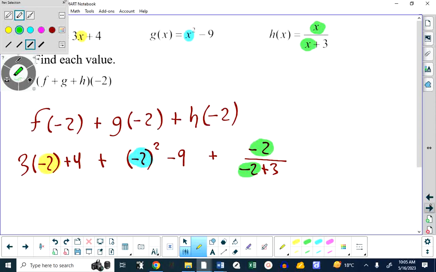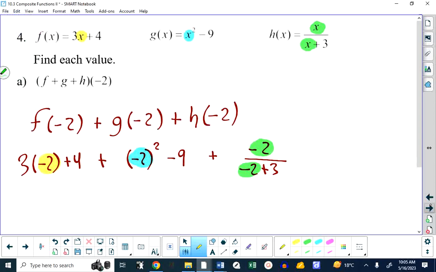So we can work those three things out. I believe you get negative 2 here. You keep me honest, make sure you're on top of this. Over here you get negative 5, 4 minus 9. And here you get negative 2 because the bottom of this fraction is 1. So I'm getting negative 9.